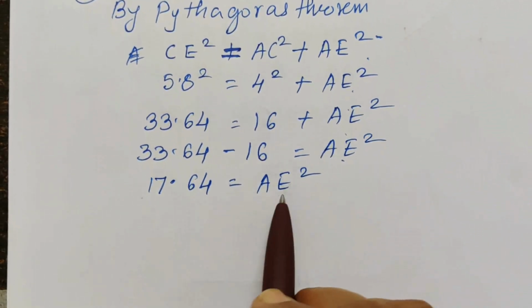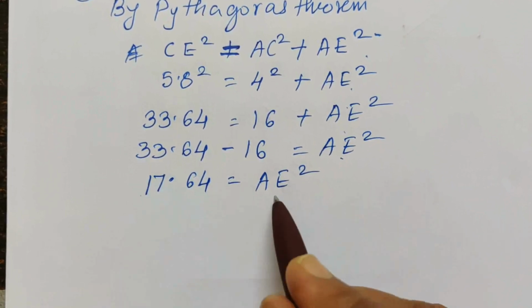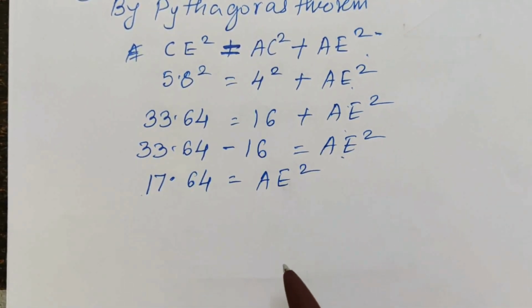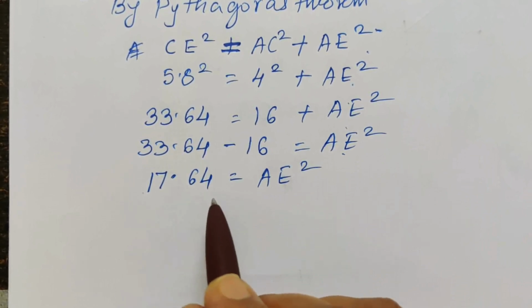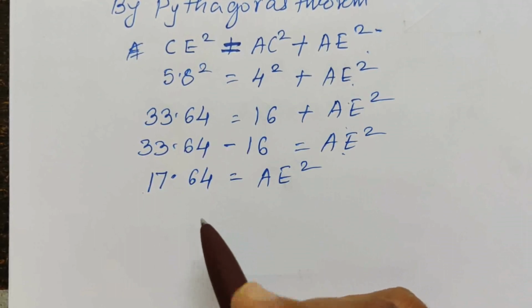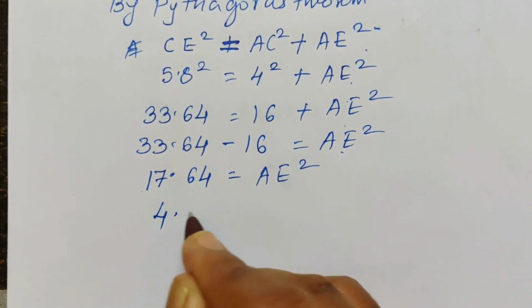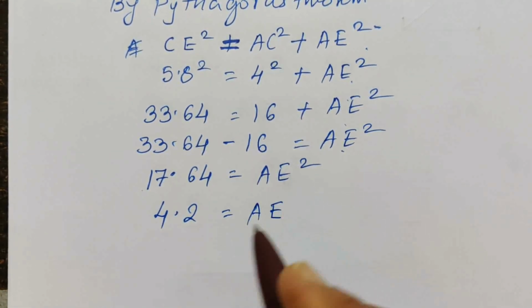We don't want AE square, we want only AE. So take the square root of both the sides. The square root of 17.64 is 4.2. So 4.2 is equal to AE.